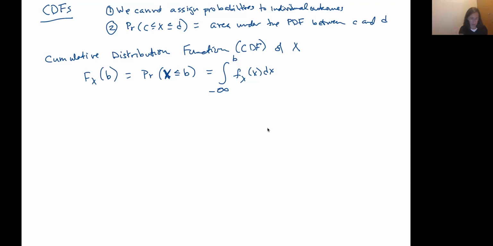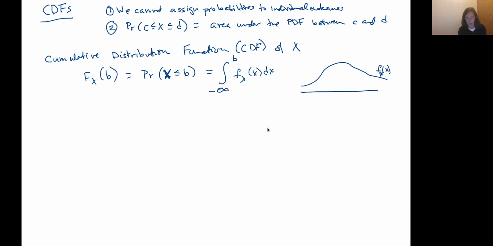Okay, let's think about what we're doing here. So if I've got something like that, that could be a PDF here. And it's a PDF as long as the total area under the PDF is 1.